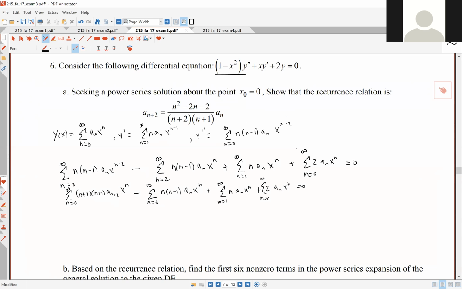All right. So we release the first two terms. n equals 0 is 2 times 1, a2, x to the 0.